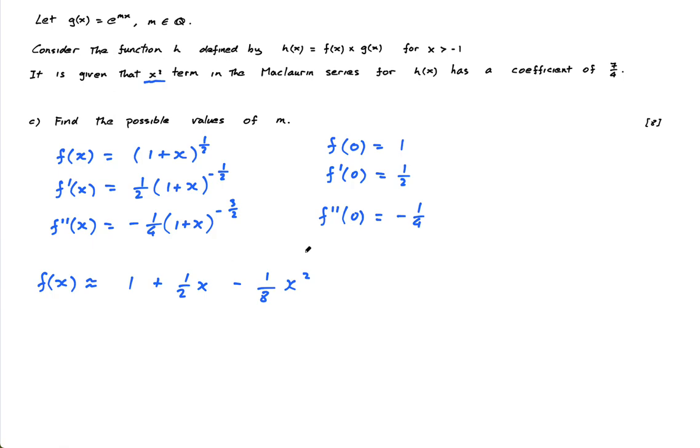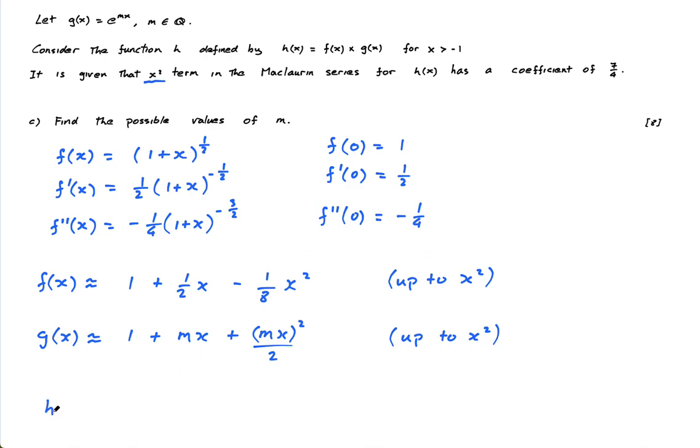That's f of x to 3 terms. You can just put up to x squared if you like. Then g of x is approximately equal to, the Maclaurin series for e to the mx is just 1 plus mx plus (mx) squared, in a bracket, guys, be careful, over 2 factorial, which is 2. Again, up to x squared.